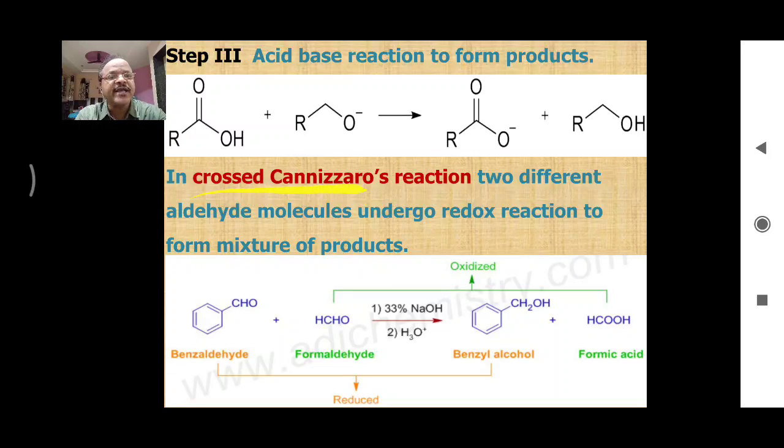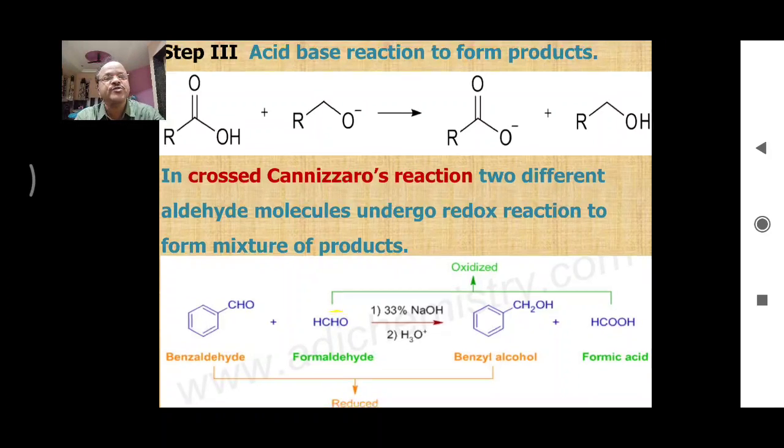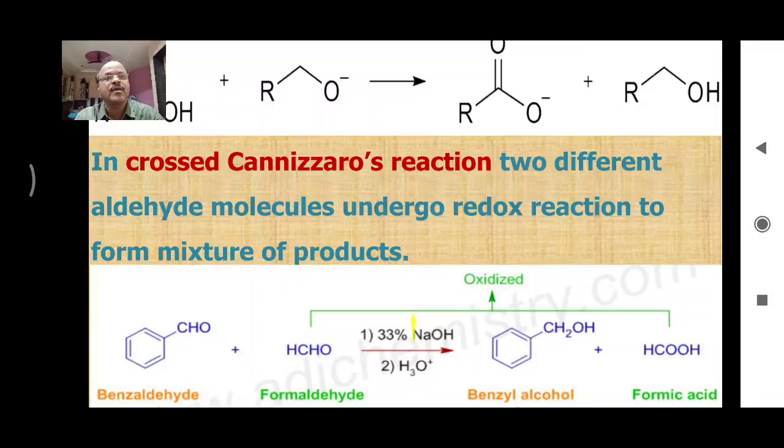In crossed Cannizzaro reaction, two different aldehyde molecules undergo redox reaction to form a mixture of products. See the difference. Let me tell you again the difference between simple and crossed Cannizzaro reaction.